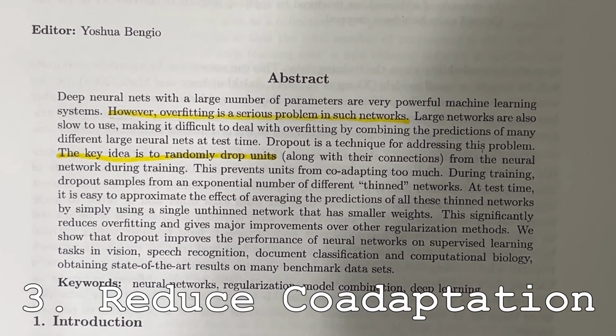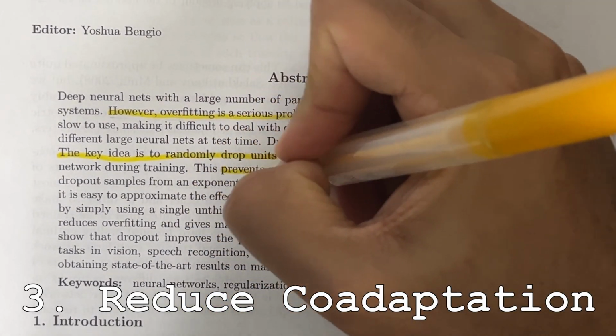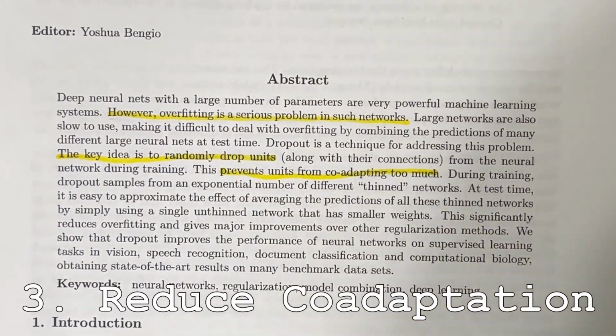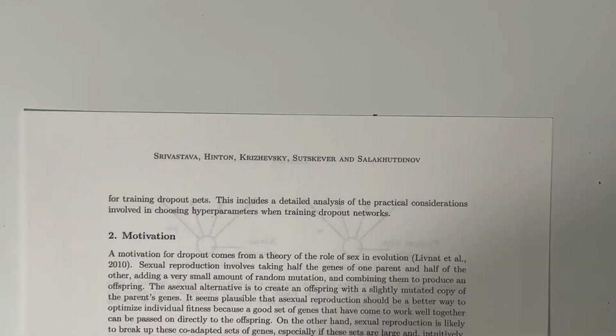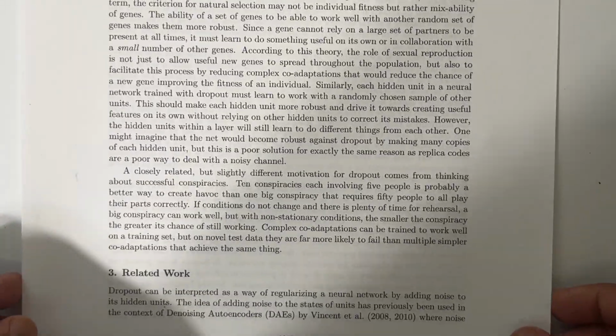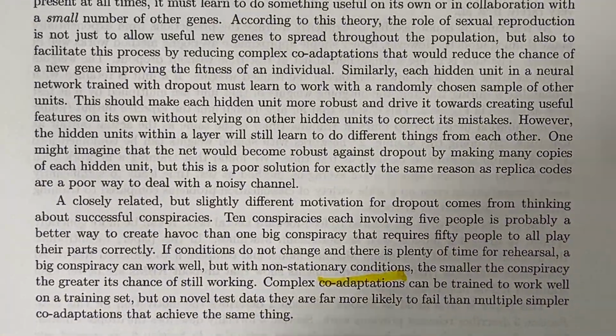The effect of dropout is that coadaptation is reduced. The authors use a really interesting analogy of a conspiracy to explain this.